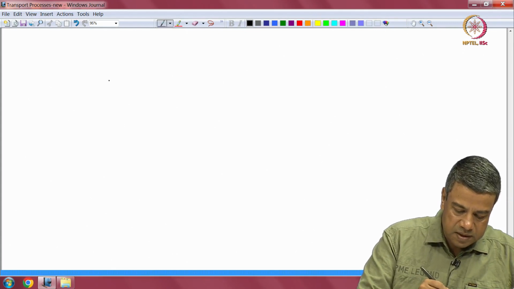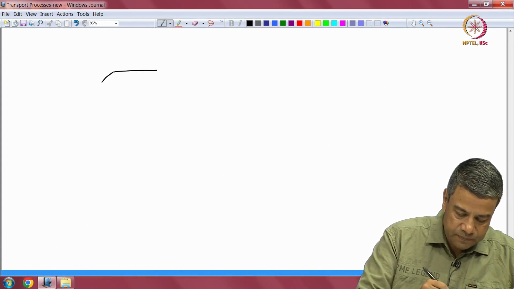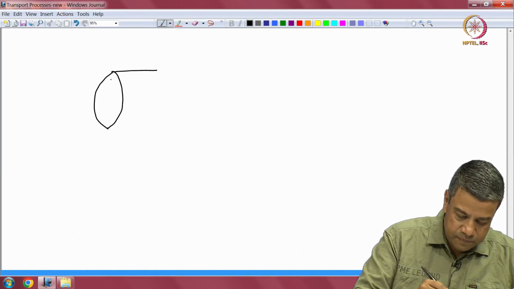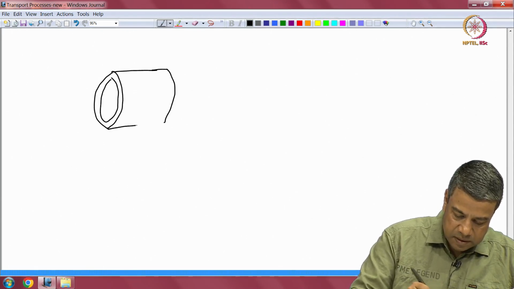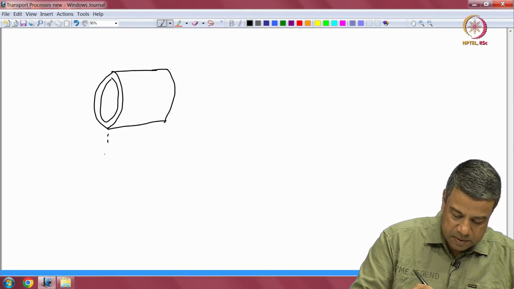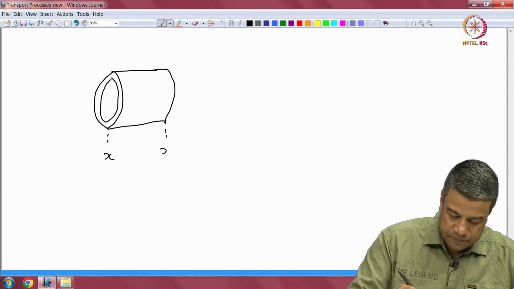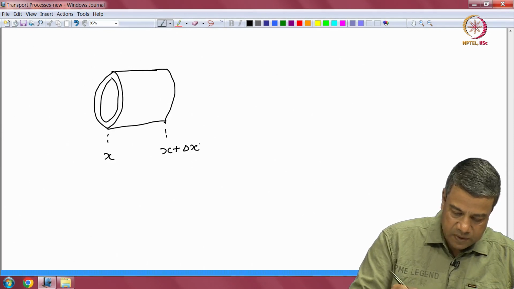So, once again our cylindrical differential volume between the locations r and r plus delta r and x plus delta x.